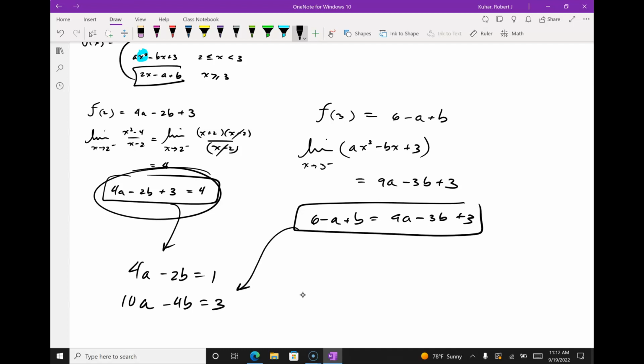Right, you with me there? I'm going to solve a system, so I want ax plus by equals c. In this one I move the 3 to the other side. In this one I move the a, the b, and the 3. Right?